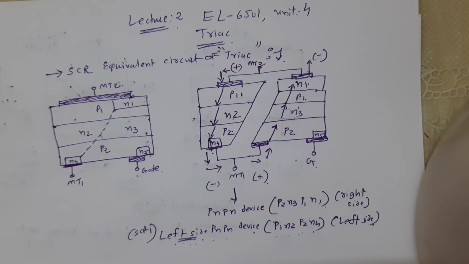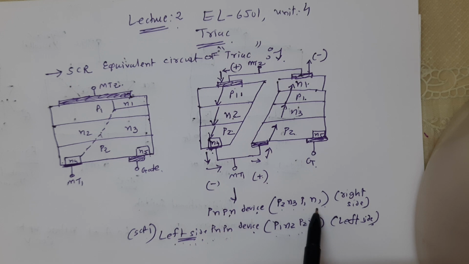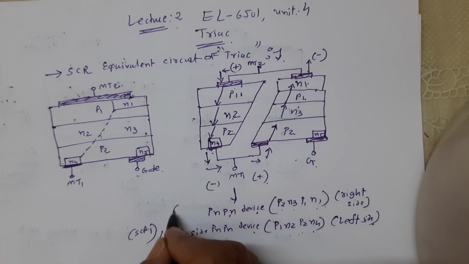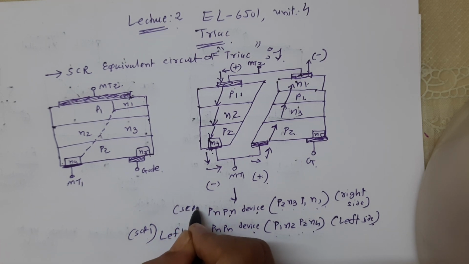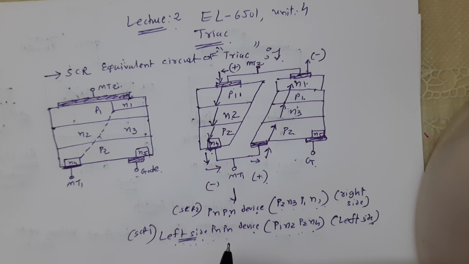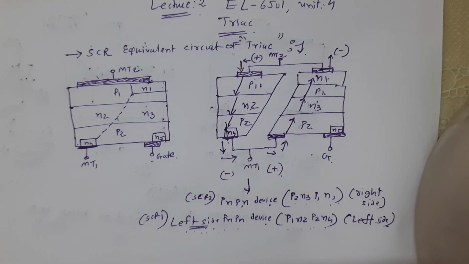Similarly, the right half in the figure consists of a PNPN device, P2, N3, P1, N1, having 3 PN junctions and constituting SCR2. This is the SCR equivalent circuit of the triac.